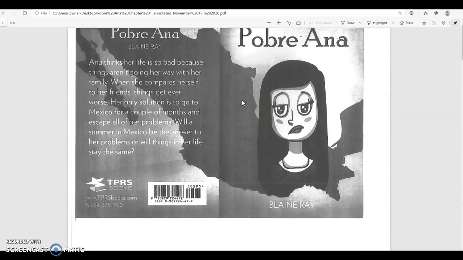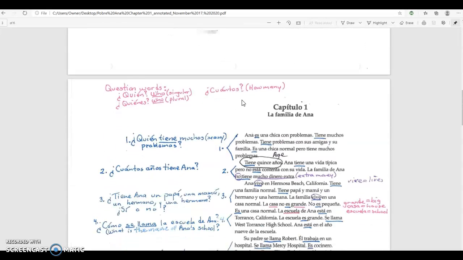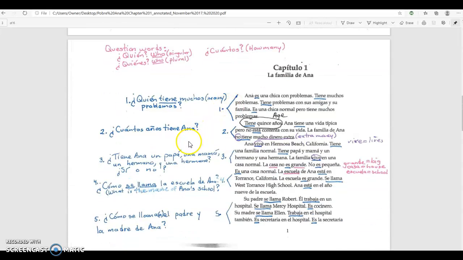So in the remainder of the time that I have, I want to start reading the chapter with you. So at this moment, I want you to listen to the reading.